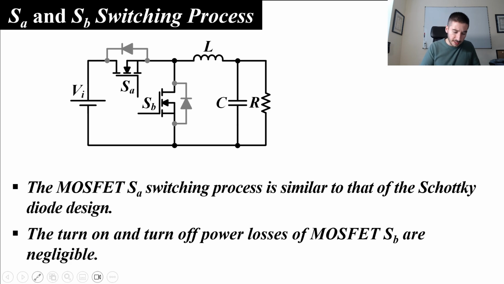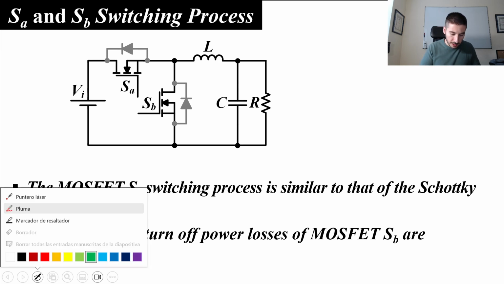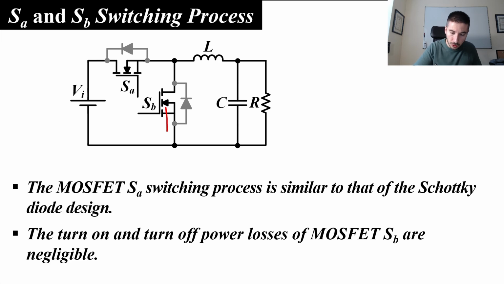Remember that we said that because we know that the switching process of MOSFET SV involves two possible current paths. One is through the MOSFET channel when the device is on, and another one is through the body diode during the dead time. So when we turn on or we turn off the MOSFET, what we do is a change in the current path, but it's always through the same switch, SV.